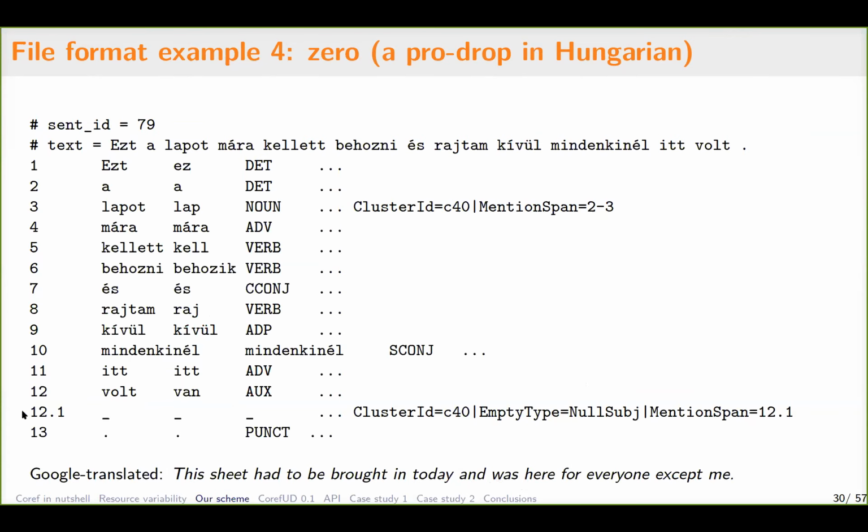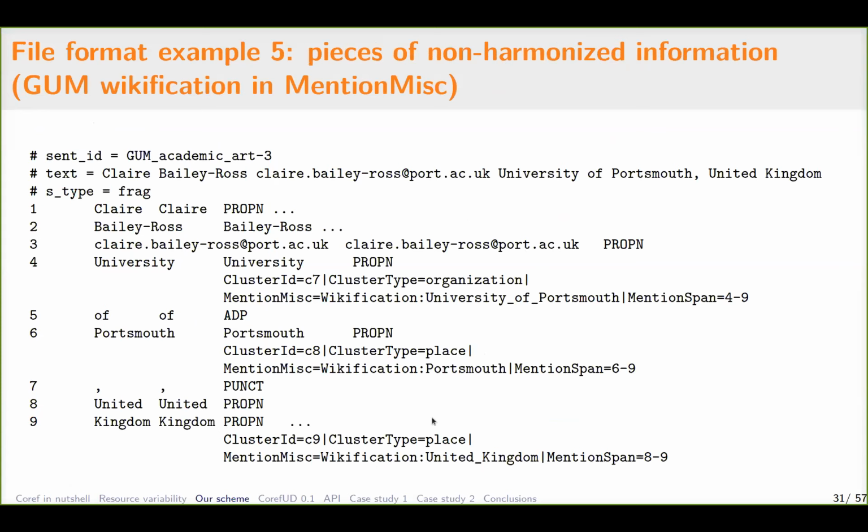So you can see that there's a reconstructed zero node, which is connected with the word for the sheet from the first clause. So we can handle zeros, and we can also handle different other types of information in the MISC column.